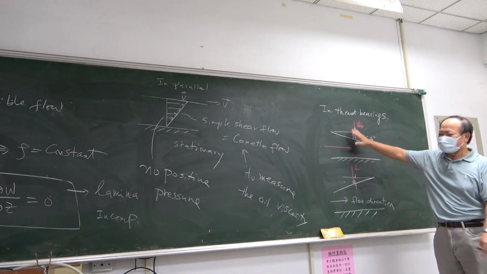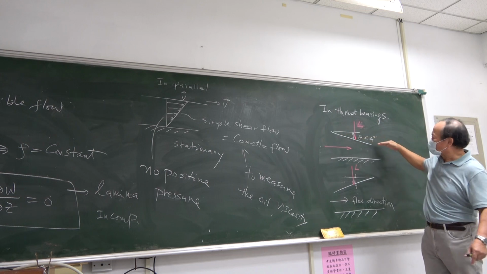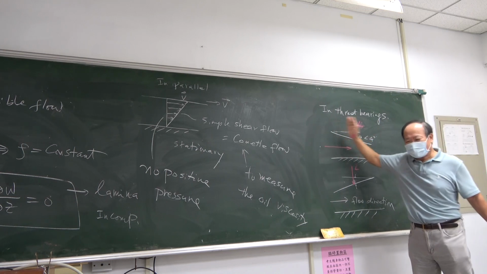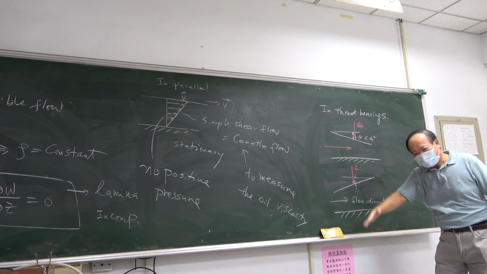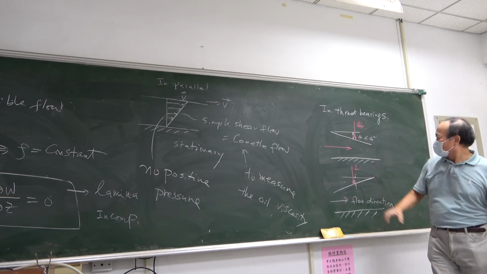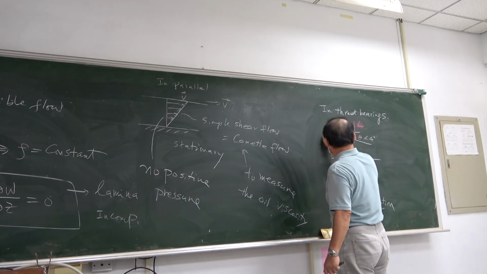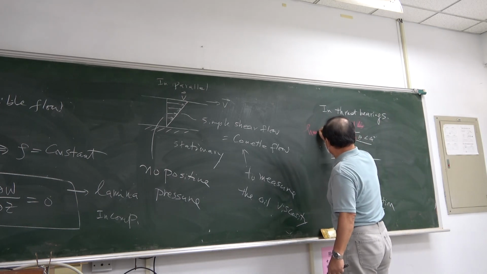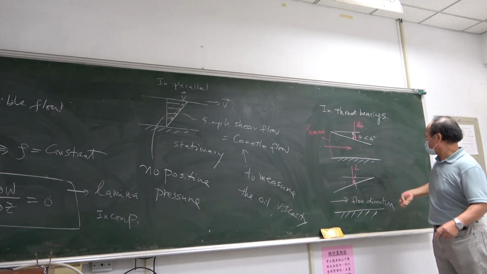The plane is inclined from the left-hand side to the right-hand side with this value. The left-hand side has the maximum film thickness, the largest one, and this is the smallest one.